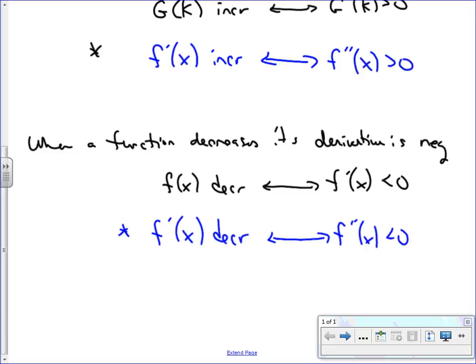These are two different statements. One says the function f decreases, and the next one says the derivative of f decreases. They're two different statements, but they each have a corresponding statement that means the same thing. Okay? Good.